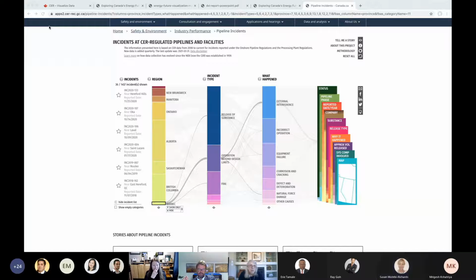The thing about it is there are a lot of different strategies currently, but we don't speak for the CER right now about their current strategies, and this is more about what we were looking at during the data visualization initiative.